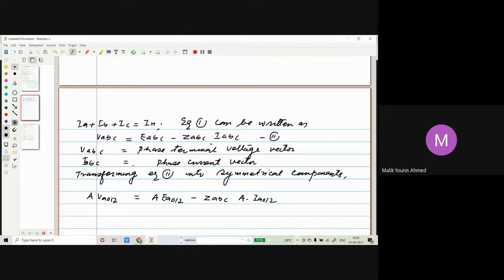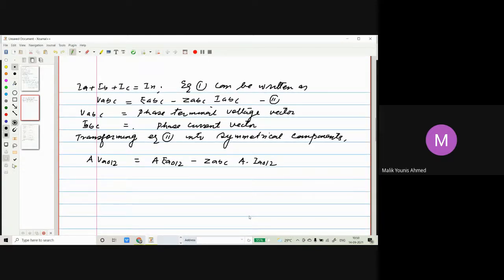Okay, after that, in order to solve this, we multiply the above equation by A inverse. Now we multiply A inverse and A, which gives the unit matrix.